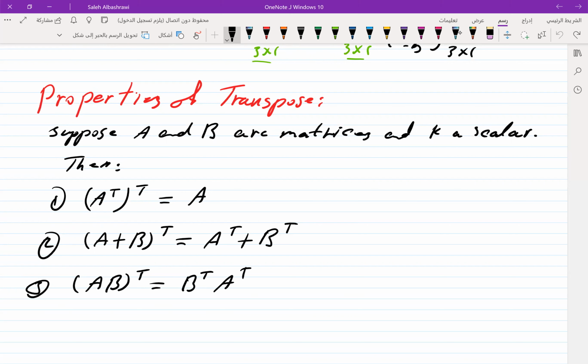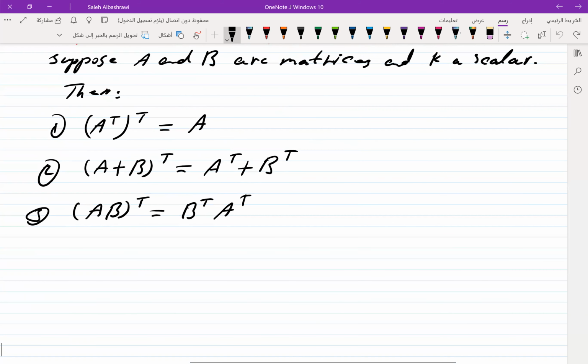The transpose of the multiplication A times B is equal to the product of the transpose of B times the transpose of A. Number 4: K multiplied by A transpose equals K A transpose.